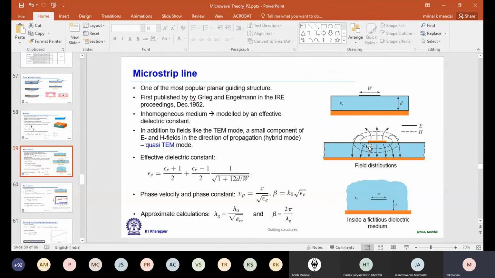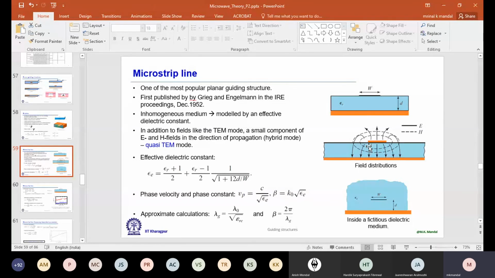You recall the example I gave for a square waveguide, TE10 mode and TE01 mode. In that case, we concluded that both of these modes can propagate together inside a square waveguide because they are orthogonal to each other, and we don't have any coupling between the two unless you put some perturbation.